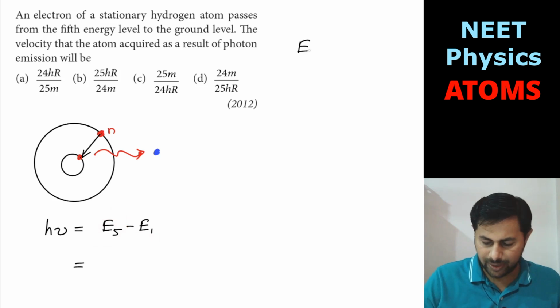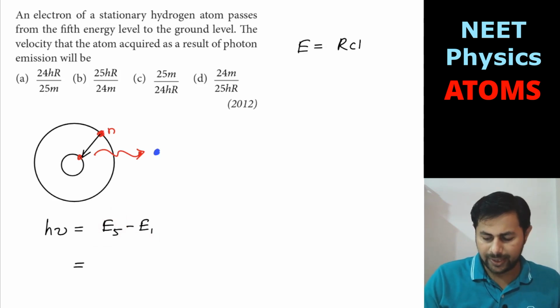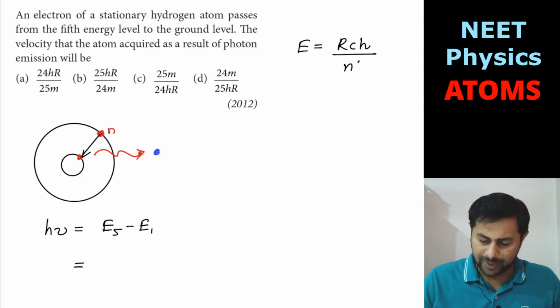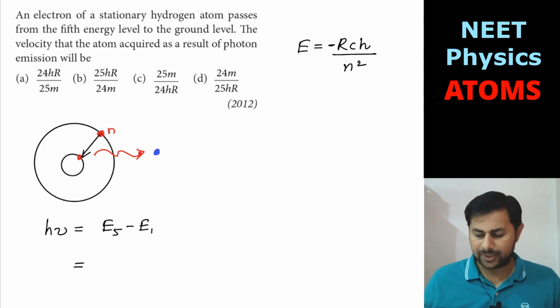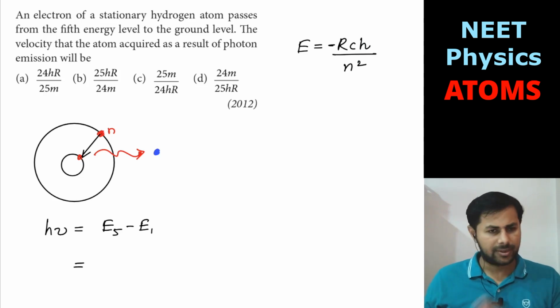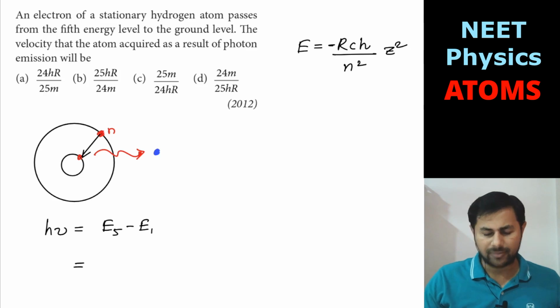And then you know the formula for energy. So E is equal to what? Minus RCH divided by n square. Okay, for hydrogen atom it is this formula. For some other atom it would be minus RCH by n square times z square.